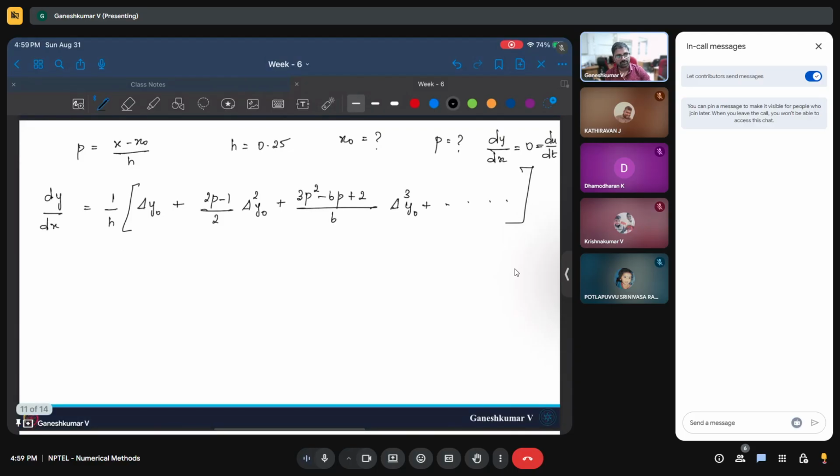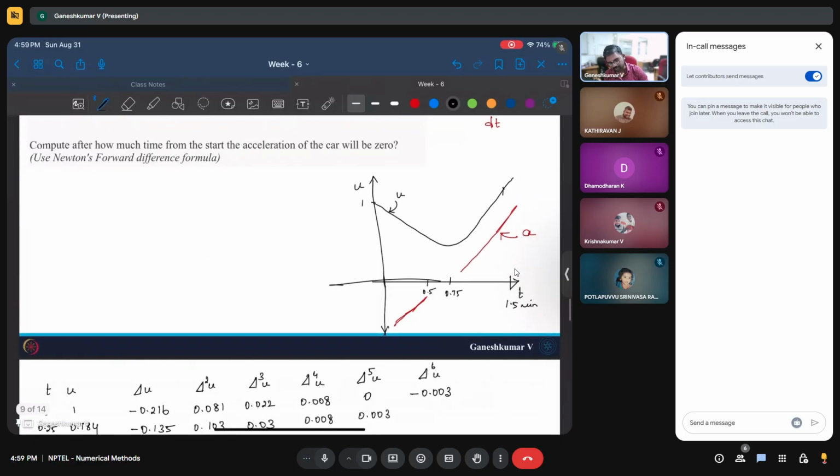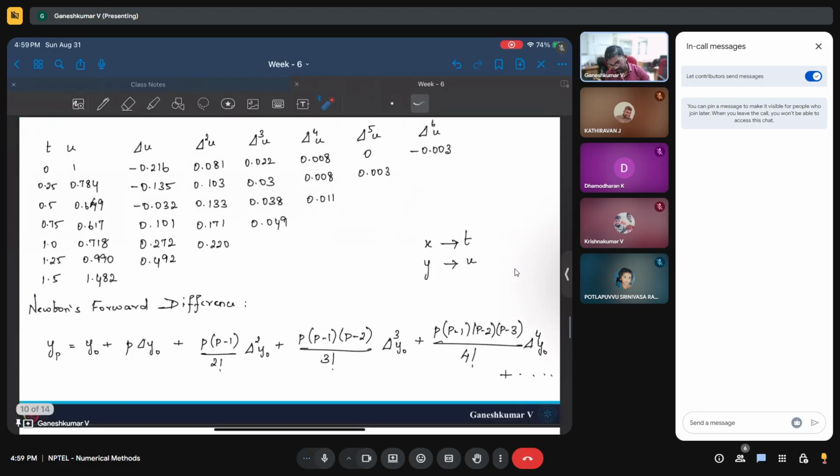Now we need to choose x naught. That's why we analyzed it before. Since it's a forward difference, you can choose either 0.5 or 0.75, but since we are going to use forward difference, we will use 0.75. Then your p will lie between -1 and 0.